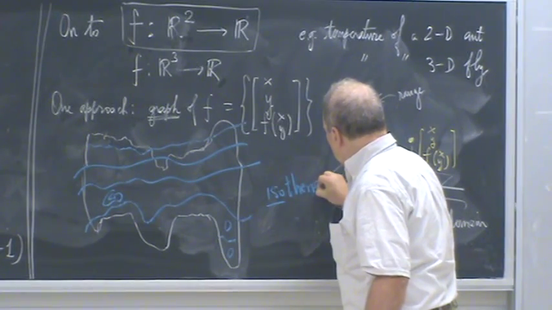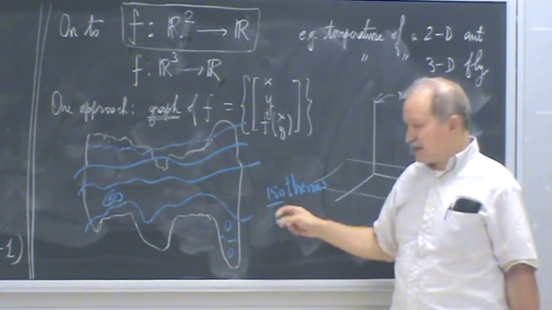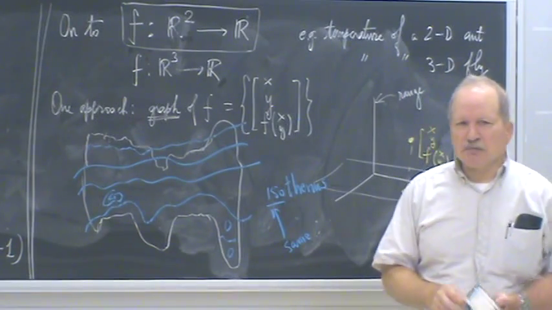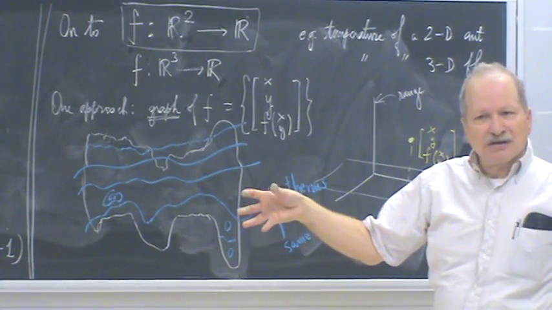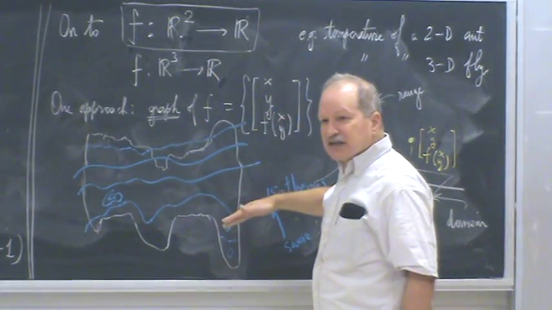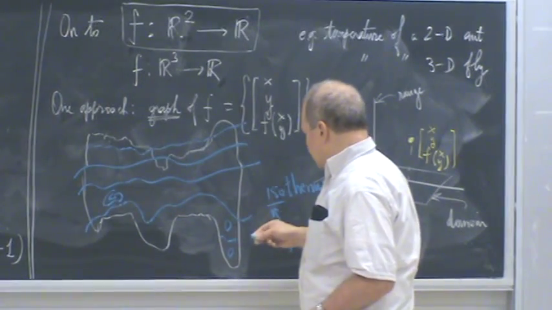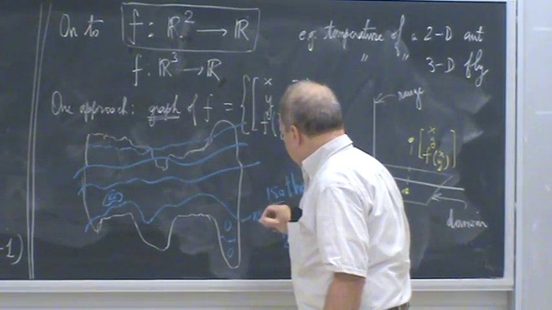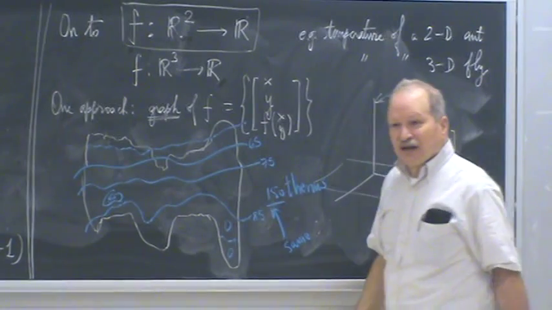Therm is temperature, and iso is Greek for same. You can also see a map with barometric pressure, and that's isobars. So these are curves representing constant temperature values, showing you the set of points where it is, for example, 85, and where it is 75, and where it is 65, etc.